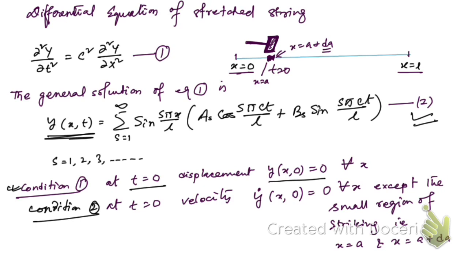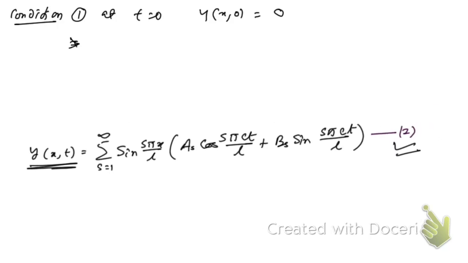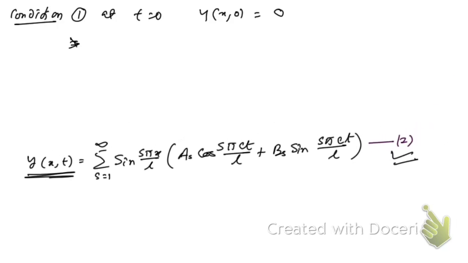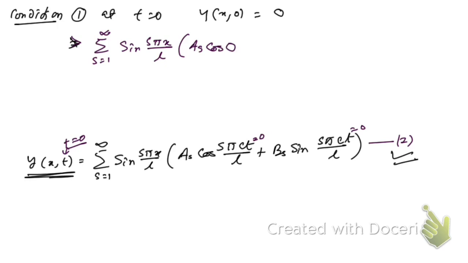Here you see, now at t is equal to 0 this displacement is equal to 0, right? And if you put t is equal to 0 here, then you're going to have summation from s is equal to 1 to infinity sine s pi x by L times a_s, here we're going to get cos 0, plus b_s, then here we're going to get sine 0, which is equal to 0.